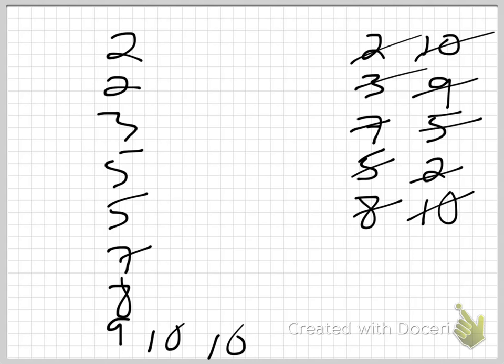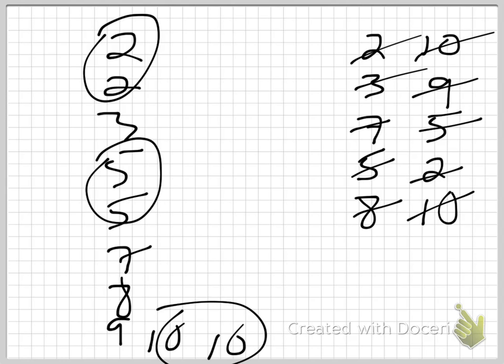Which one shows up the most often? Which one shows up the most often, Emily? There's a tie. Do you agree there's a tie? There's 2 2s, there's 2 5s, and there's 2 10s. They're tied. When you're tied with the mode, they're all the mode.